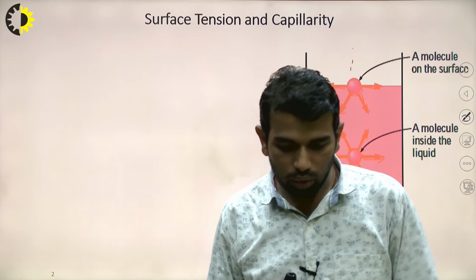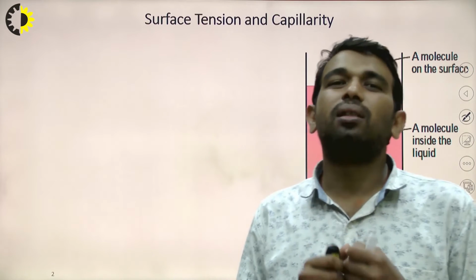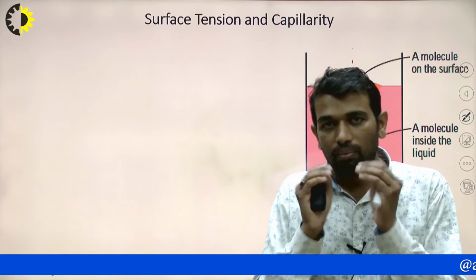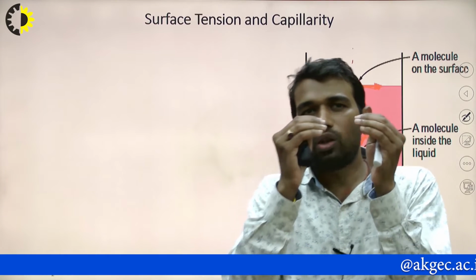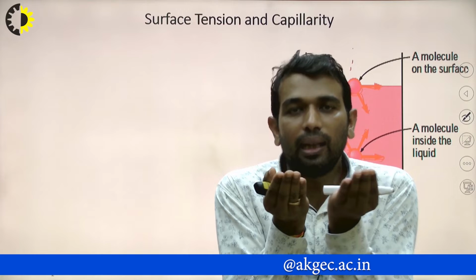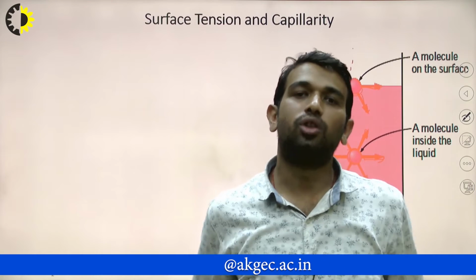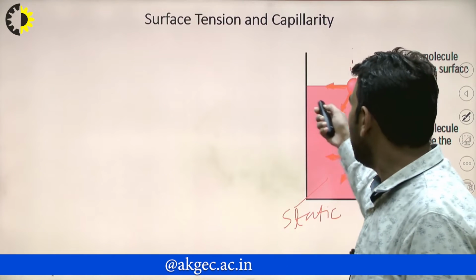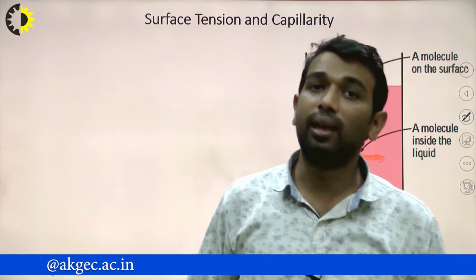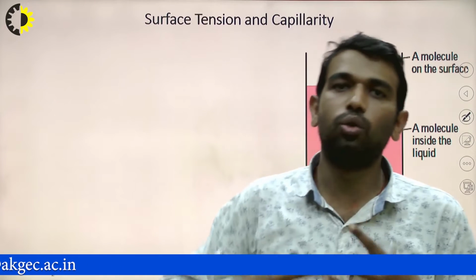Because of this, the force acting on the molecule stretches it down, creating a tensile zone, and the surface is going to feel like tension in nature, and because of that the force is going to be balanced.